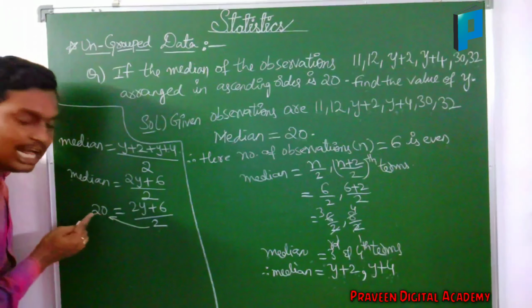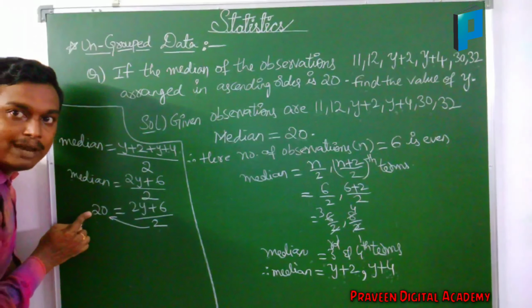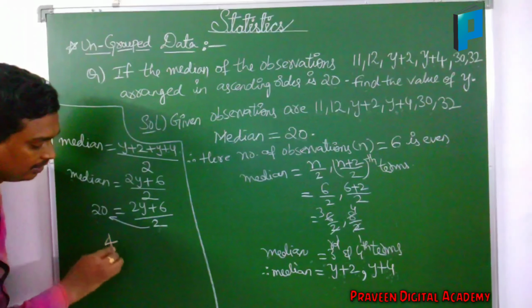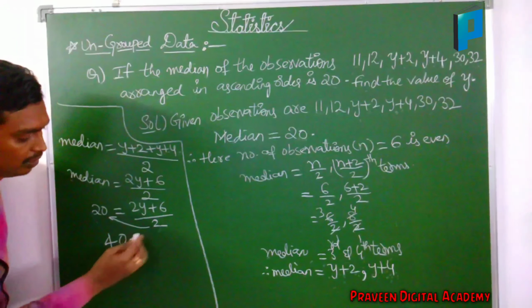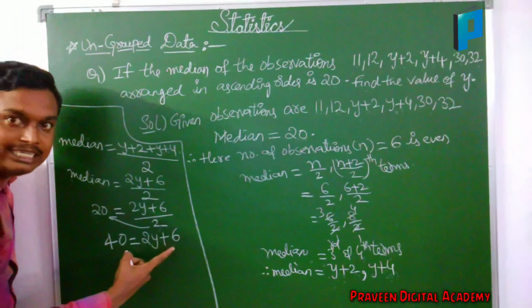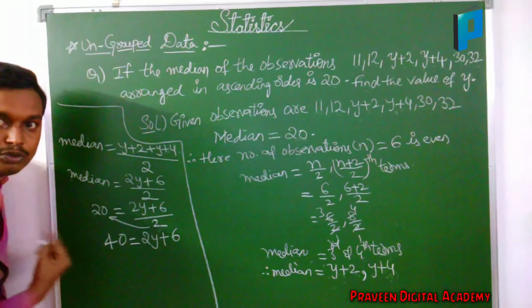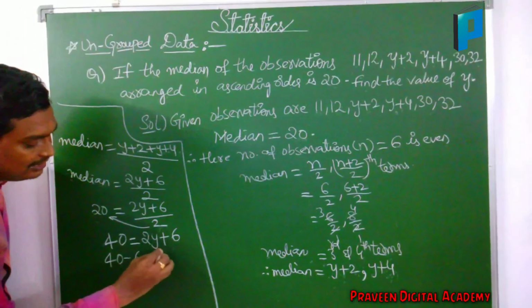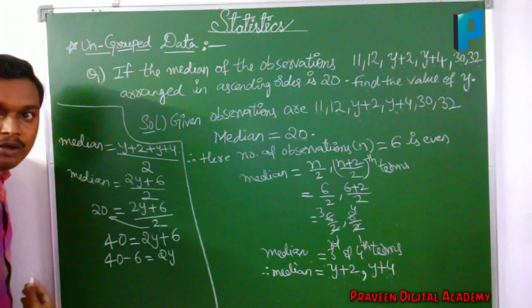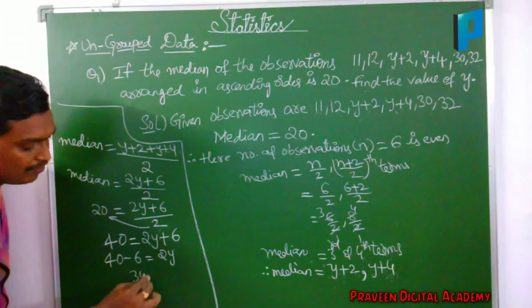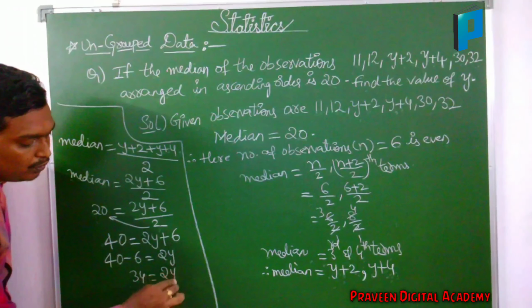While you are doing the transpose, it will get multiplied with 20. 20 twos are 40 is equal to 2y plus 6. And this plus 6, you transpose to this side, we will get 40 minus 6 is equal to 2y. And 40 minus 6 is 34 is equal to 2y.